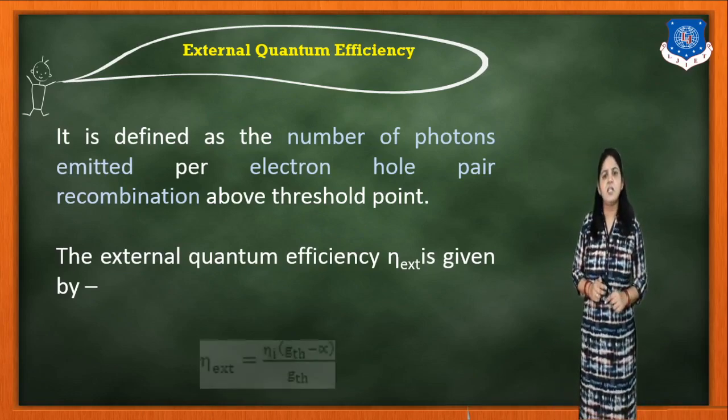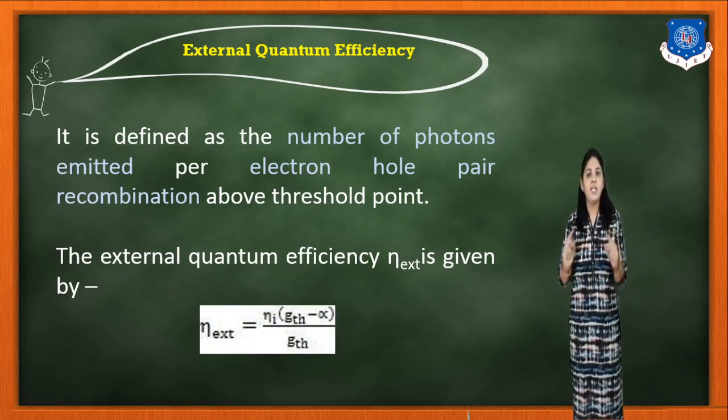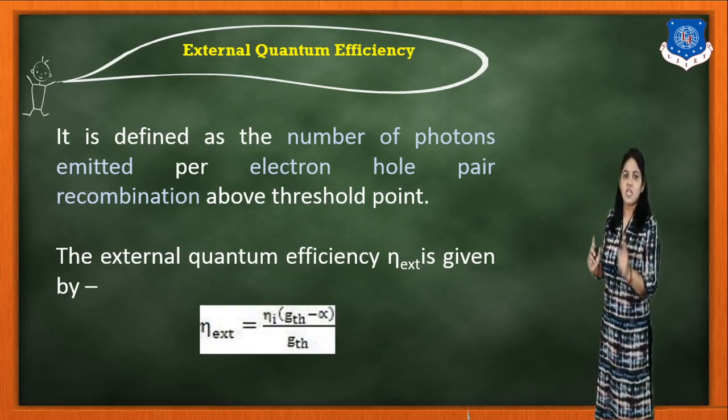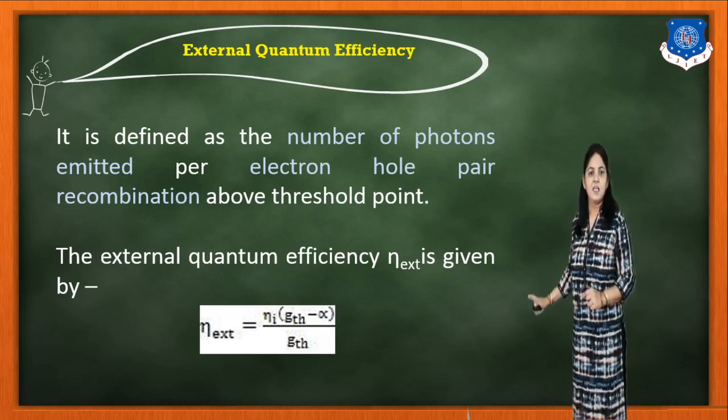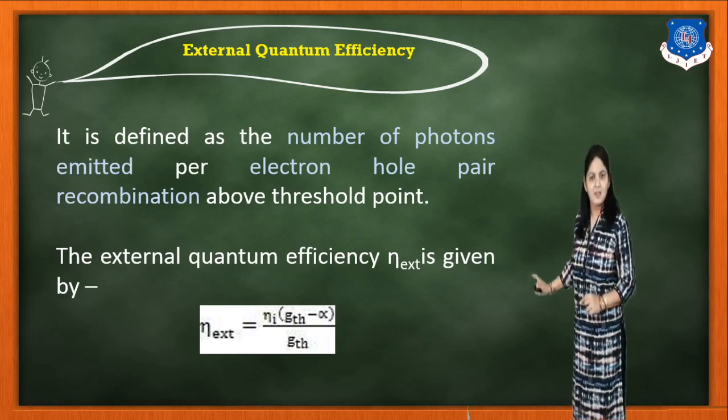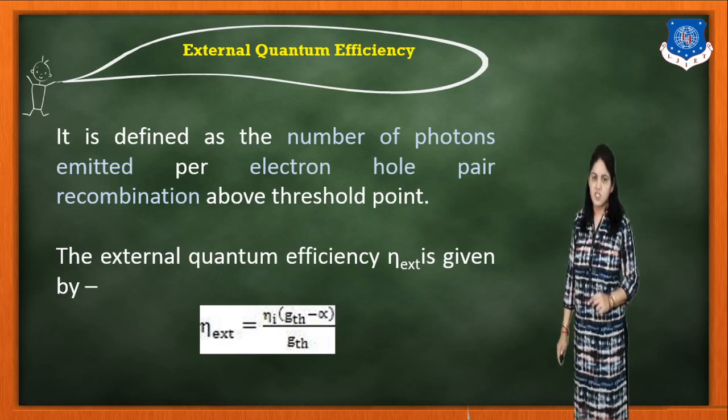And this external quantum efficiency, eta_ext, is given by eta_ext = eta_I (G_TH minus alpha) upon G_TH.